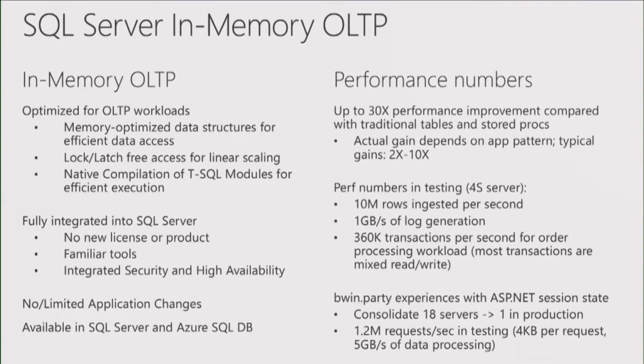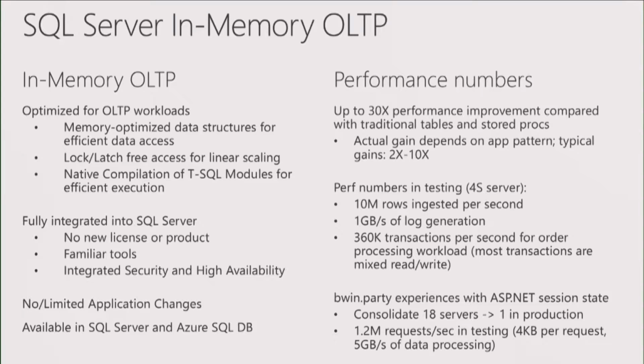In terms of the performance numbers, we have seen with customers up to a 30-fold performance improvement. Not 30%, 30-fold. And one customer, bwin, is an example I'd like to call out. They had an application where they needed to spread the load over 18 physical machines running SQL Server.